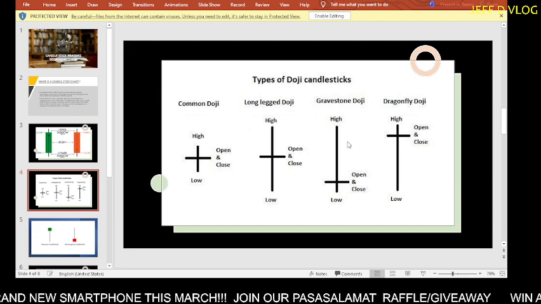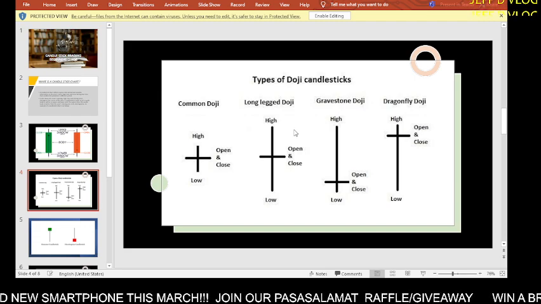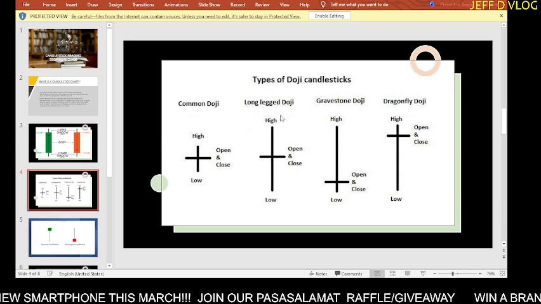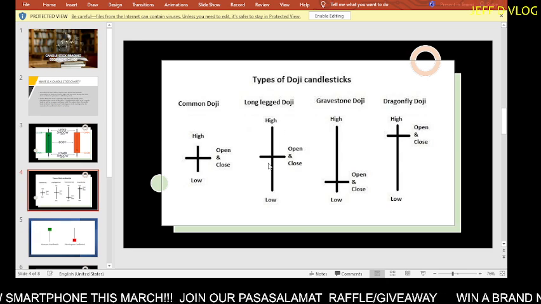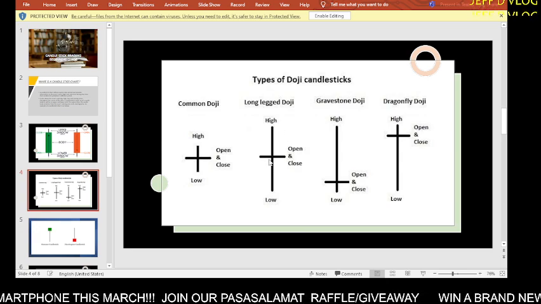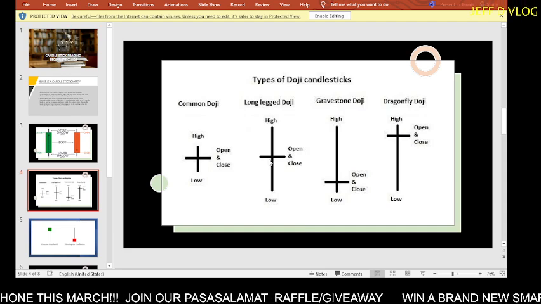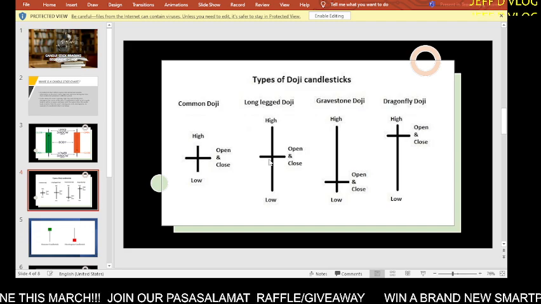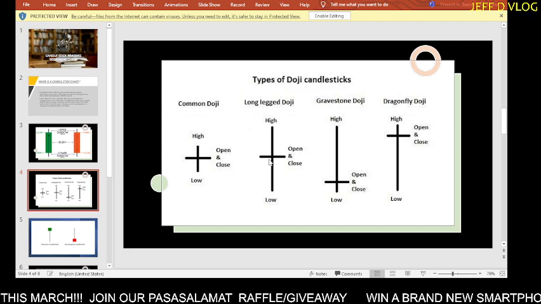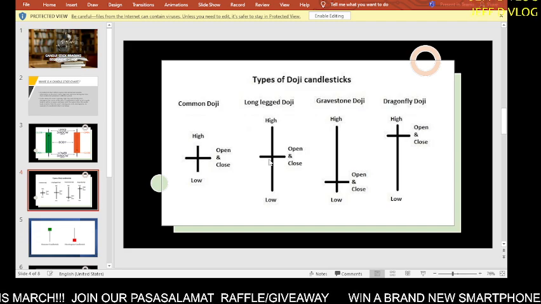And the long-legged Doji, of course, the vertical line is longer than the horizontal line. That shows that the market has instability or uncertainty. There's no real assurance what will happen, but basically it's in the middle.